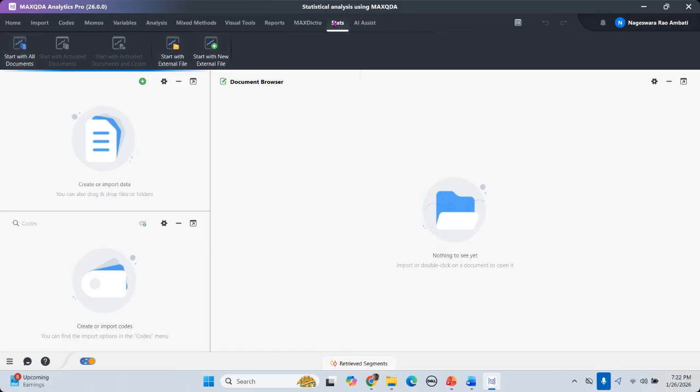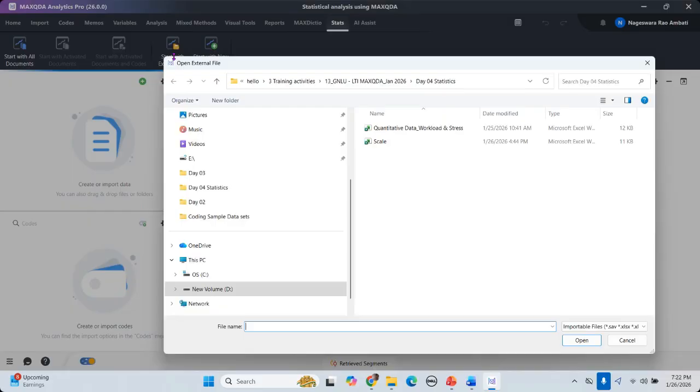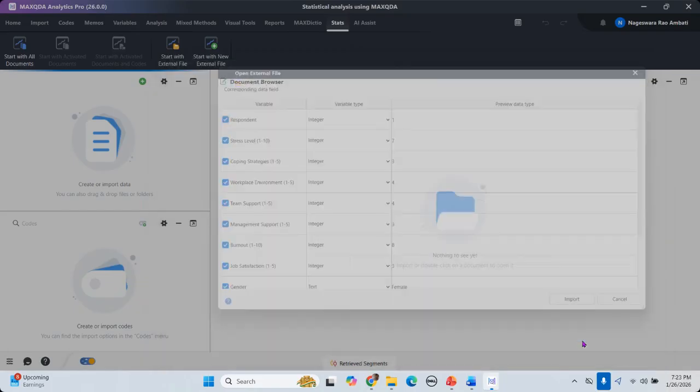Please come to the statistics ribbon bar. There is an option called start with external file. Just click on it and go to the destination where you have saved your file, select the file, and click on open.